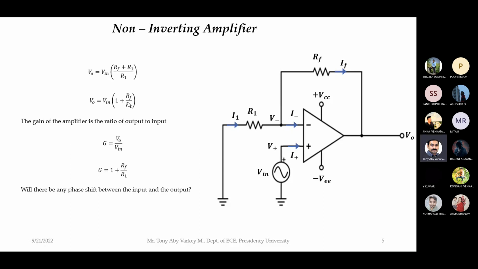Okay, so here will there be any phase shift between the input and output? If the input is negative, what will be the output? Will it be positive or negative? If the input is positive, what will be the output? Positive or negative? Positive itself. Okay, which means that there will not be any phase shift between the input and output. If the input is positive, output also will be positive. If the input is negative, output will also be negative. So there won't be any phase shift between the input and output, which means that phase shift will be 0.